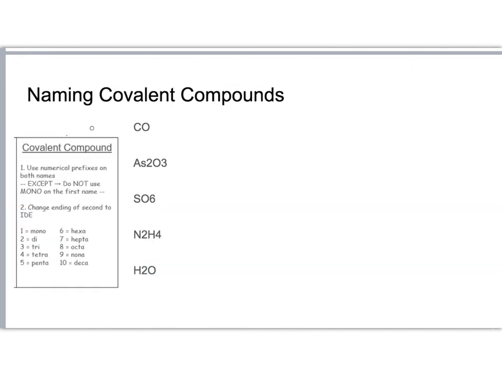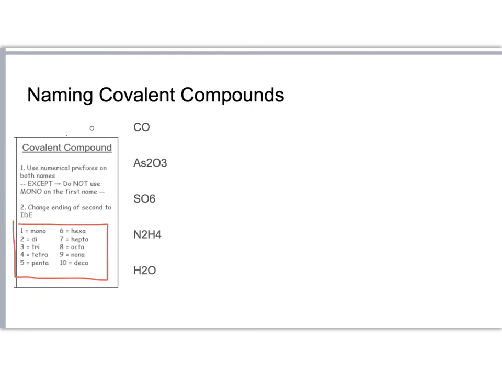This last set of examples will be naming covalent compounds. Remember that covalent compounds are composed of nonmetals. There are no ions present, so we simply use a prefix system to help us indicate how many of each nonmetal is in the chemical formula. Please remember to memorize these prefixes.